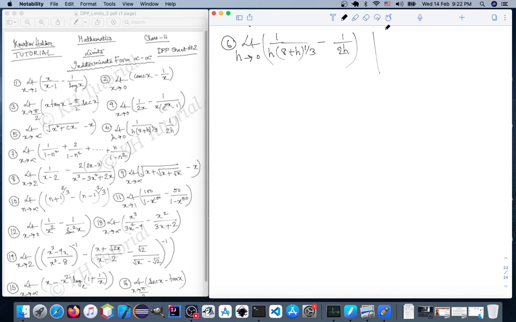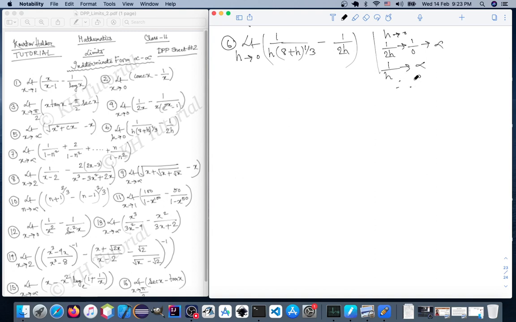So clearly we see when h tends to 0, 1 by 2h tends to 1 by 0 tends to infinity, and also 1 by h tends to infinity.